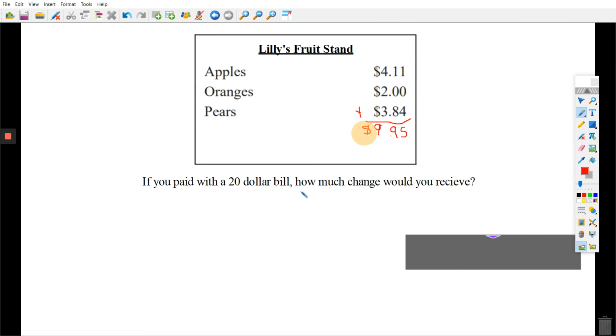Remember that we need to find out how much change we're going to receive. So now we can subtract. We subtract $20. Remember that if you write it like this, it still says $20. But because we're subtracting an amount that had cents, we need to add the 2 zeros in the cents place.